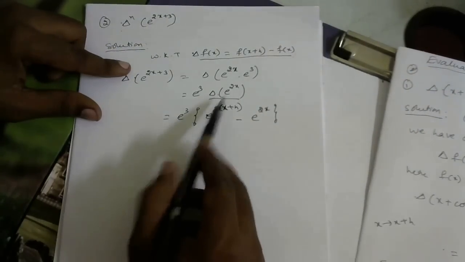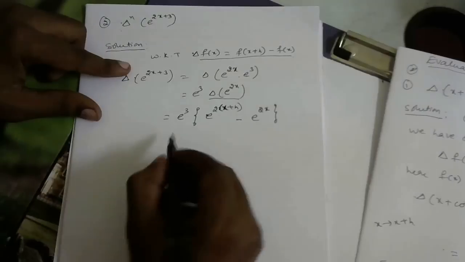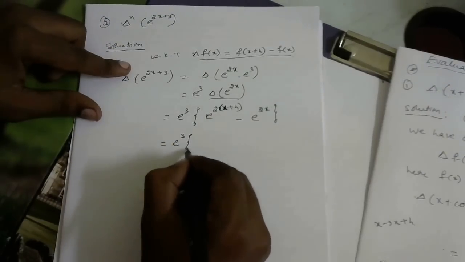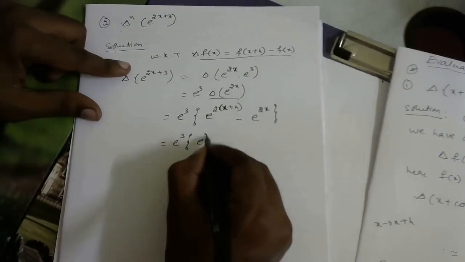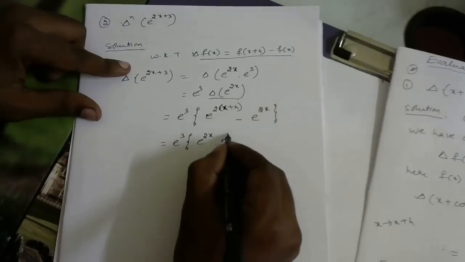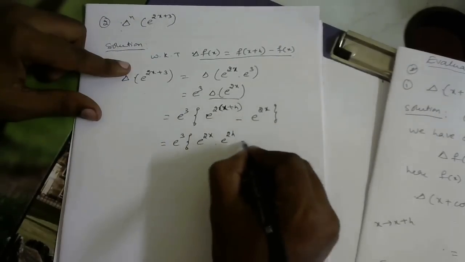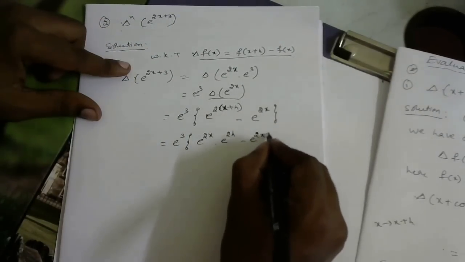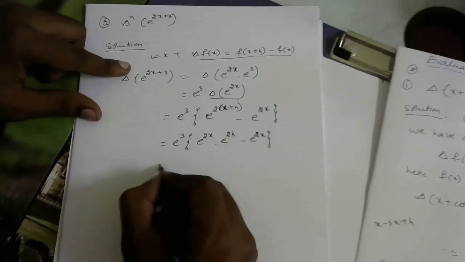So here f of x is e to the power of 2x. So e to the power of 3 into, this can be written as e to the power of x into e to the power of 2h, minus e to the power of 2x. So I will take e to the power of x common.